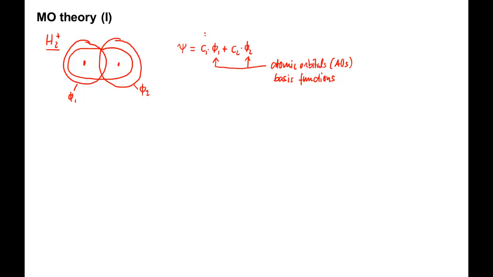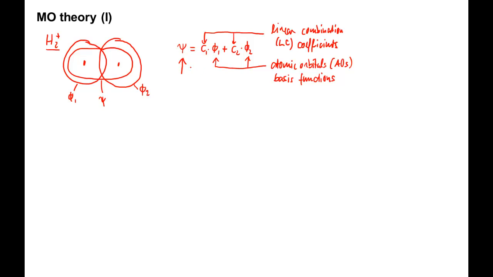C1 and C2 are called the linear combination coefficients, or LC coefficients. Psi is the overall molecular 1-electron wave function.